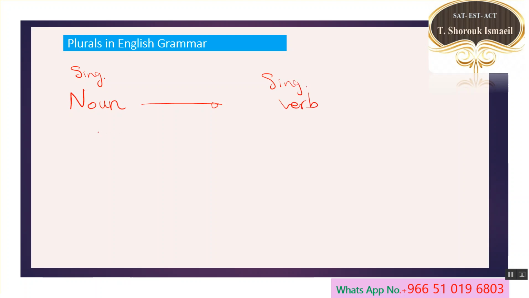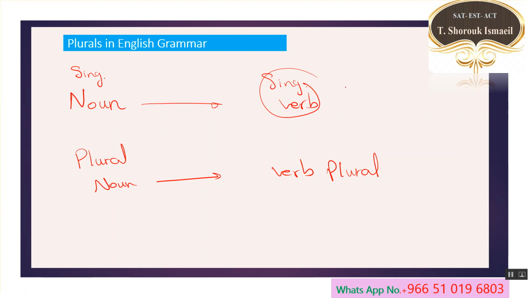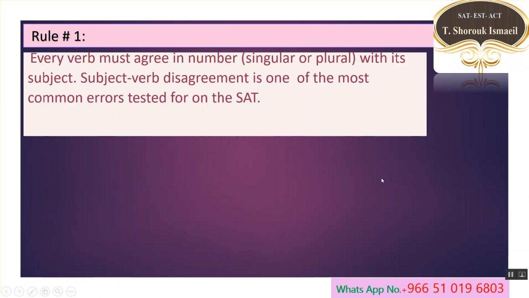And if my noun is a plural noun, my verb will be plural too. A singular verb takes an S. A singular noun doesn't take anything. A plural noun takes an S. A plural verb doesn't take anything. It's actually really easy, but you need to practice more.